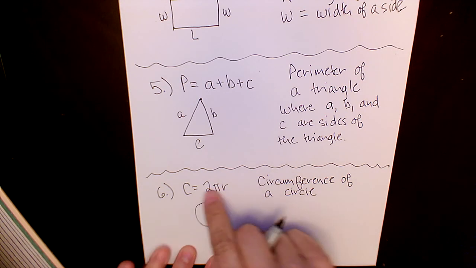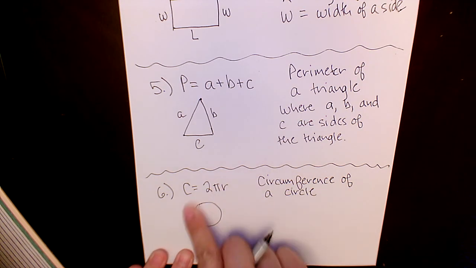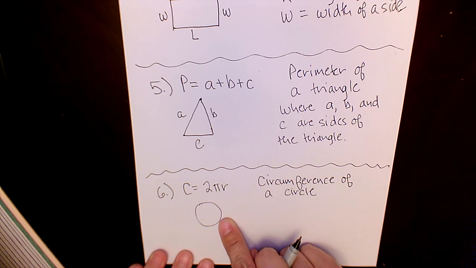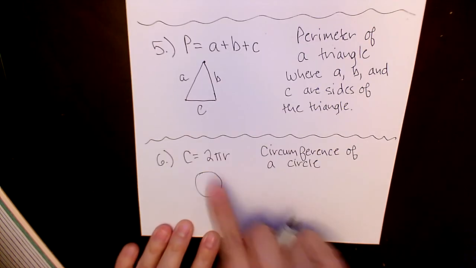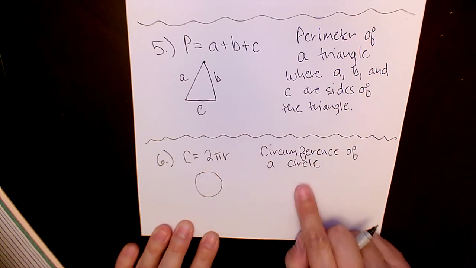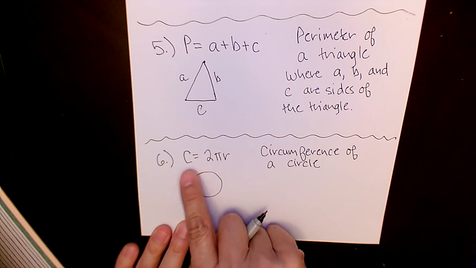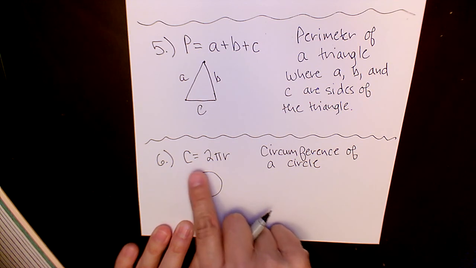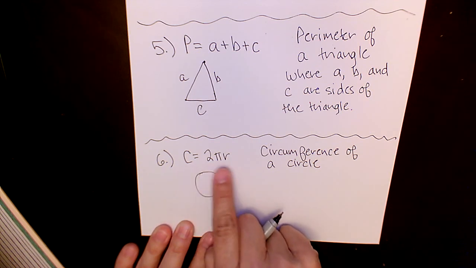It's the measurement all the way around the circle. I know my circle's lumpy, but they want to know the distance all around that circle. We use the formula C for circumference equals 2 times pi times r.